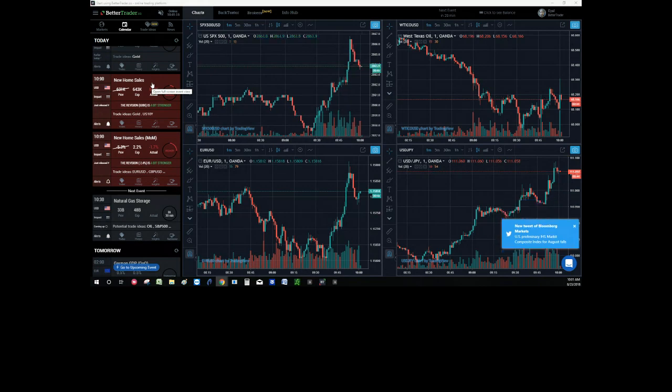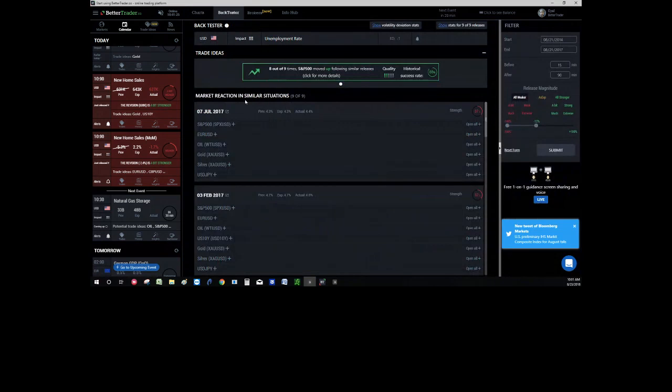The third one is the voice assistant, which is a complementary service to the system. And the main thing is the backtester. With the backtester, you can see what happened in similar situations in the past for many opportunities that arose. It could be trade ideas that come from economic events or from some market movement.